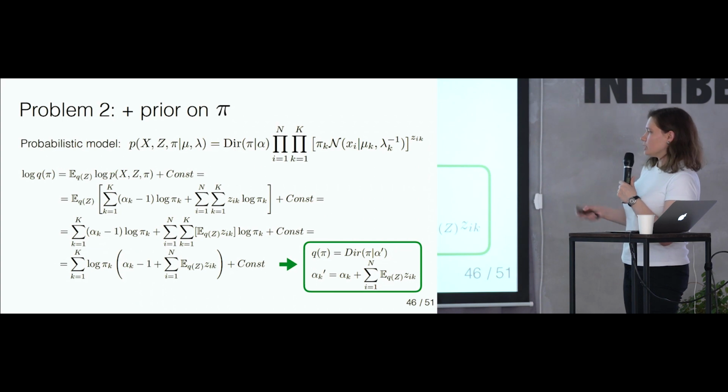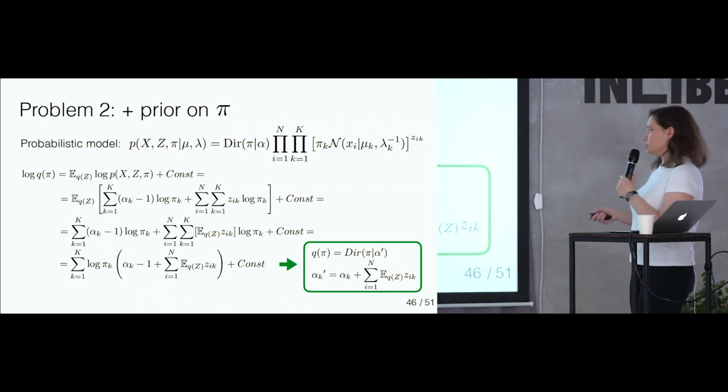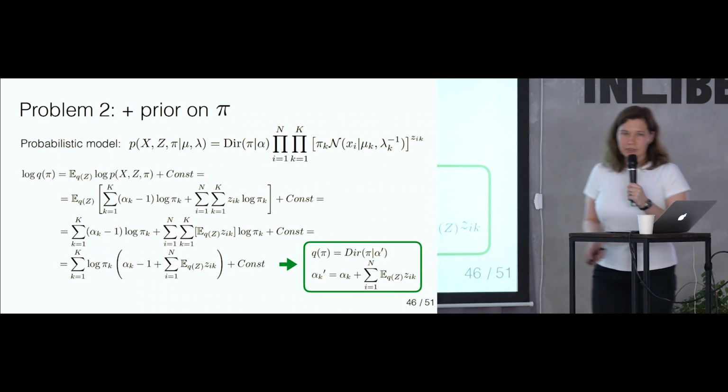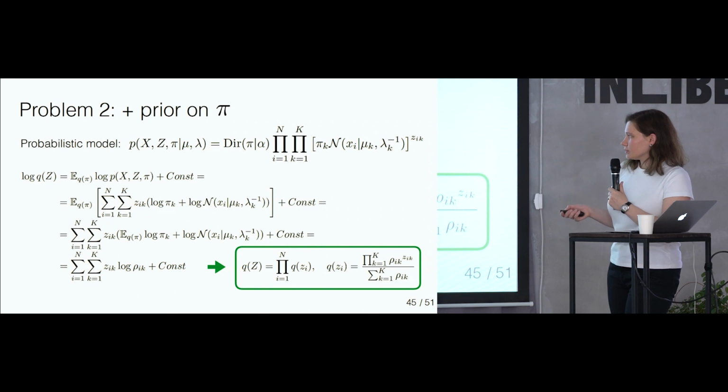So then I just put everything together and see that here we have a logarithm of a Dirichlet distribution. And these are new parameters of this Dirichlet distribution. So we have a Dirichlet distribution with new parameters. Now let's discuss how to compute this expectation of log P with respect to Q of P from the previous slide.